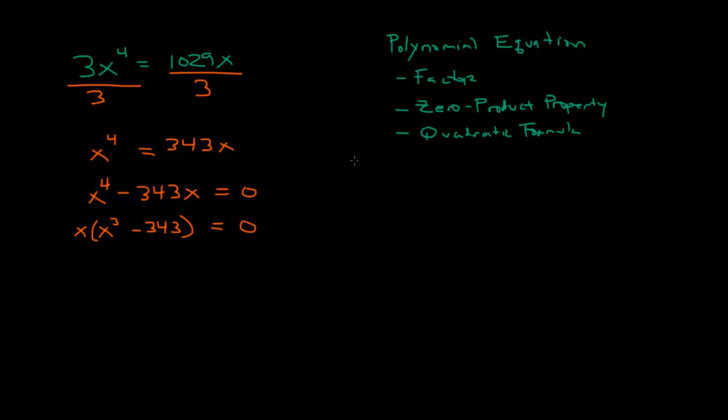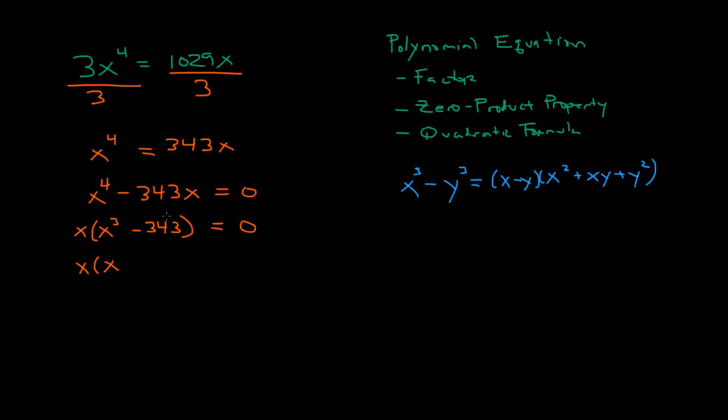If you have x cubed minus y cubed, that factors as x minus y times x squared plus xy plus y squared. Okay? So we can factor this, that x stays there.